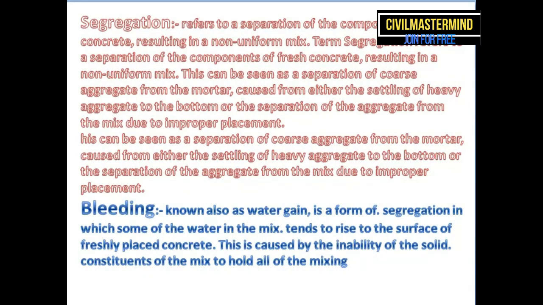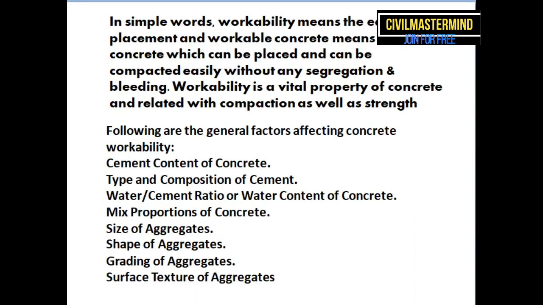The tendency of the constituents to depart from the original position of placing is termed as segregation, and when you find the stains of water right on top, then it is known as bleeding.